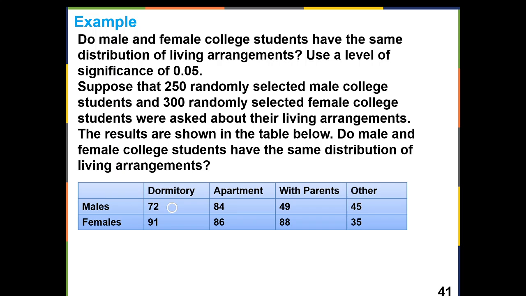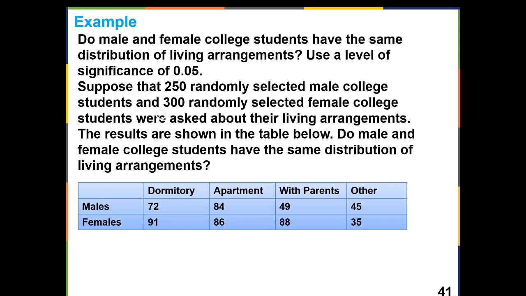That means, does it matter whether a student is female or male in terms of picking what kind of living arrangements they like, whether they live in a dormitory, an apartment, with parents or other? So that's the question. Well, we have observed values here, right? So we're going to calculate the expected values here and then compare them and find our chi-square test stat and go to the distribution to find the p-value.